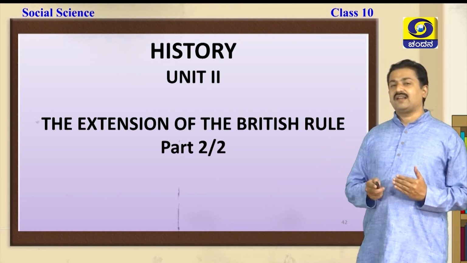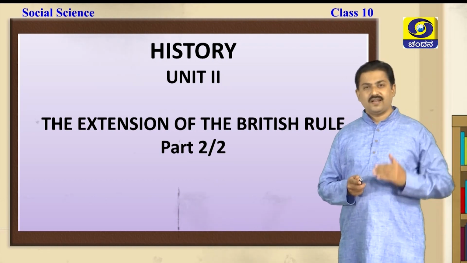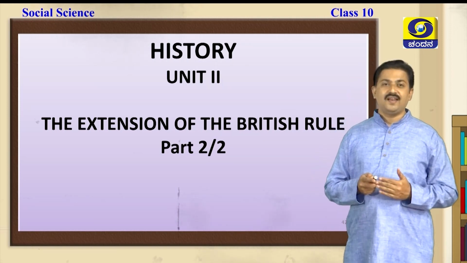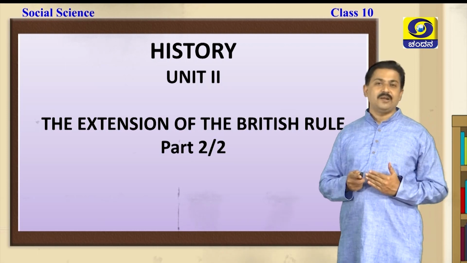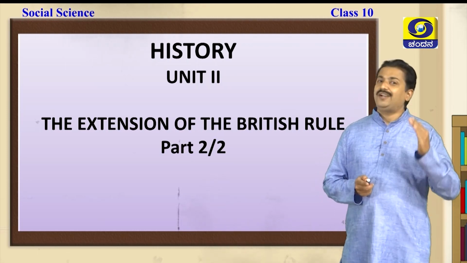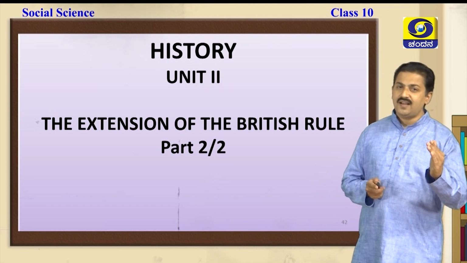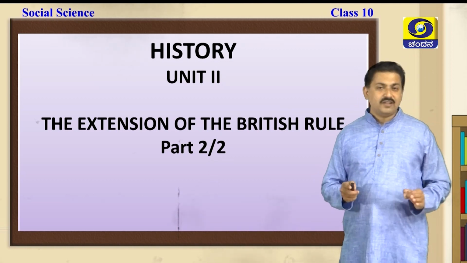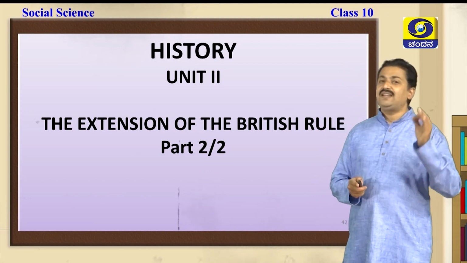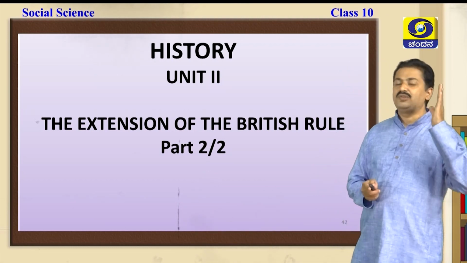In the previous class, we had discussed the subsidiary alliance. Who introduced it? Yes, you are correct, it was Lord Wellesley. Which was the first state to accept subsidiary alliance in India? You are very true, it was Hyderabad. The Nizam of Hyderabad in the year 1798 accepted the subsidiary alliance.